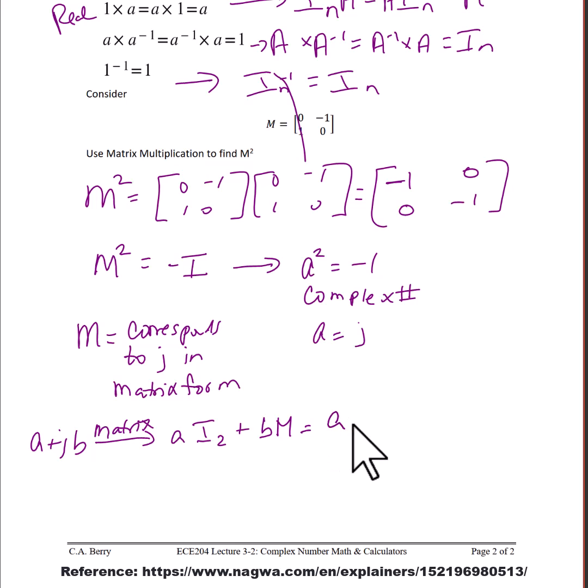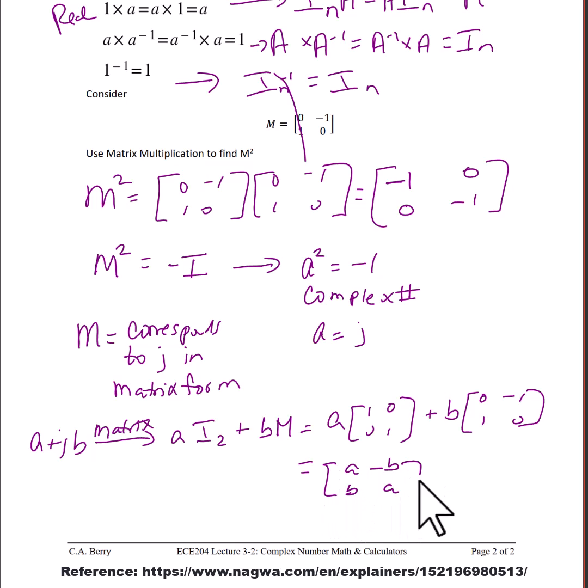So it would be a times [1, 0; 0, 1] plus b times m, which is [0, negative 1; 1, 0]. And when we add them together, we get [a, negative b; b, a], which is exactly what we were using to represent our complex number. And this is the matrix representation of a plus jb.